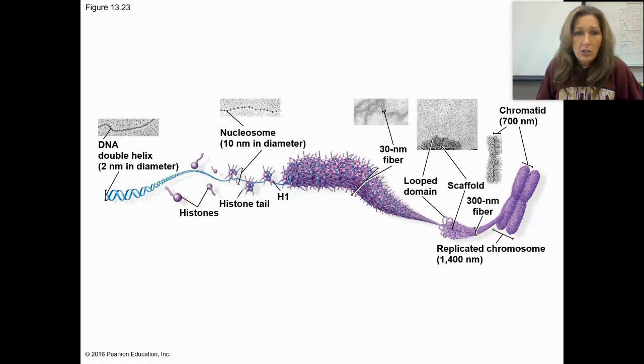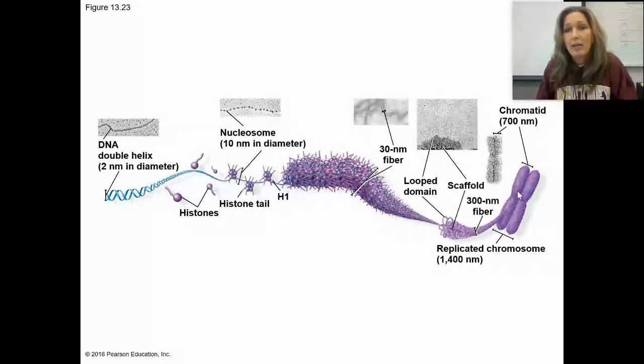When it bundles together like this, it forms visible structures called nucleosomes, which are bundles of histone and DNA. But then from this, they can loop together and organize and organize to become highly organized chromosomes.